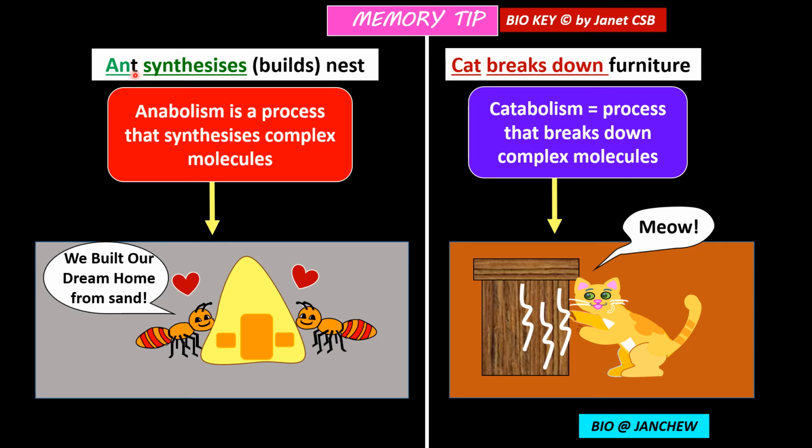So ant synthesizes nests or builds nests. It's a process of building up. So anabolism is a process that synthesizes complex molecules. Simple, right? So I find that catabolism is very easy to remember. Once you remember, cat breaks down something, breaks down the furniture, the tables and the chairs, then the opposite will be anabolism, which synthesizes something, like the ants.